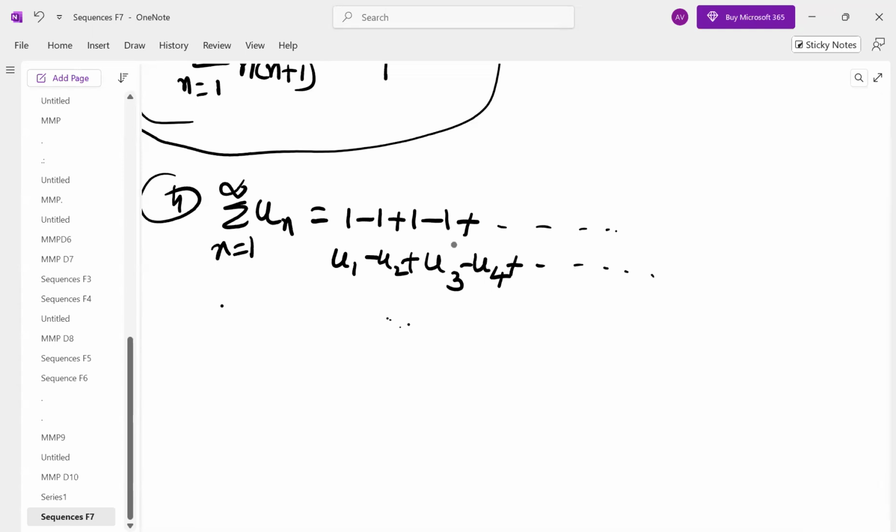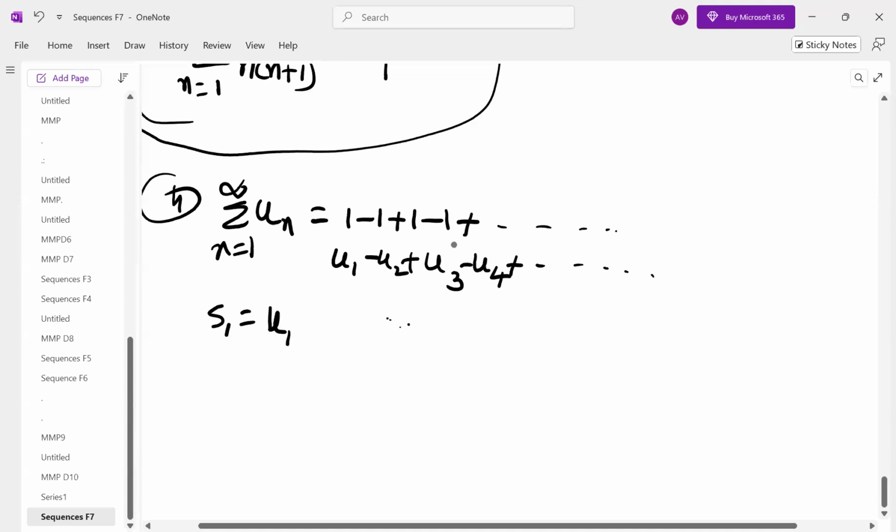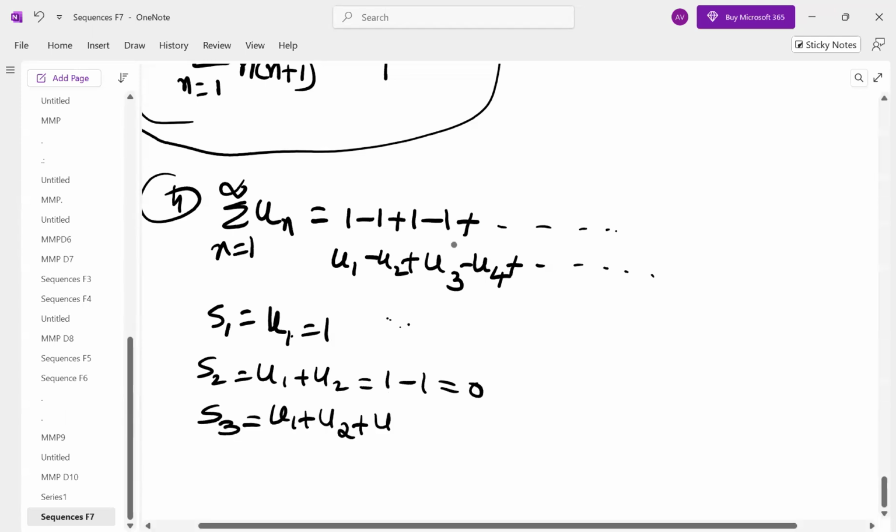Then what will be your S1? We must find. S1 is 1, U1. S2 is U1 plus U2, 1 minus 0. S3 is U1 plus U2 plus U3, 1 minus 1 plus 1.